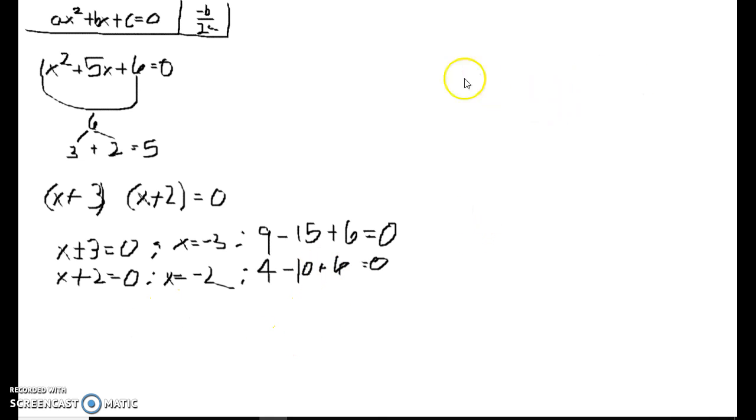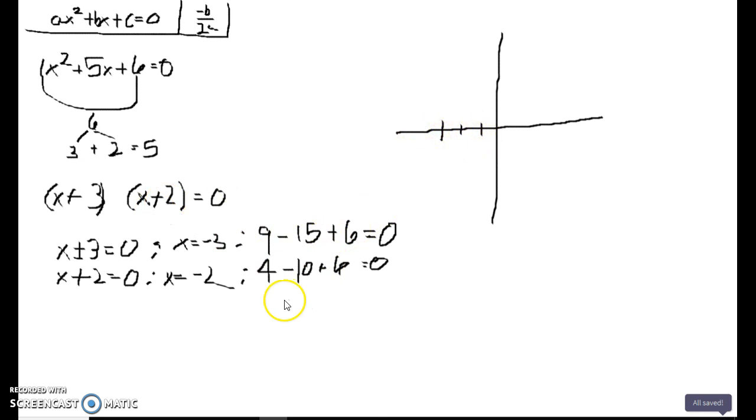Now, the question is how does this matter? Like, say if I wanted to graph this, well, you now know the zeros or the x-intercepts. Now, let me just get some basics here. Okay, so we know I should have a 0 right here at negative 2 and at negative 3.